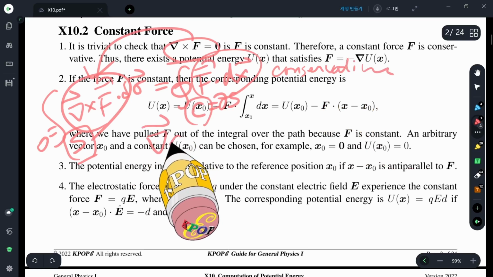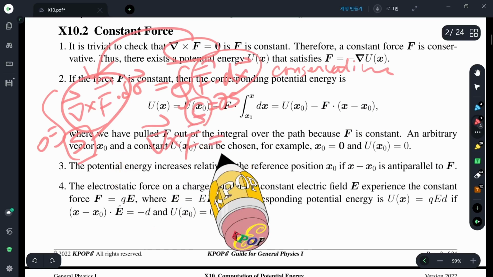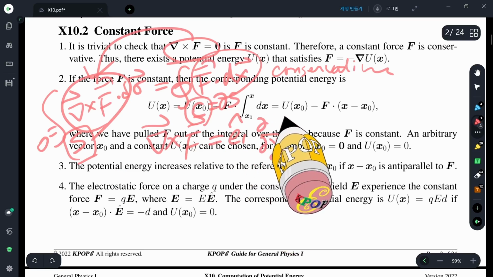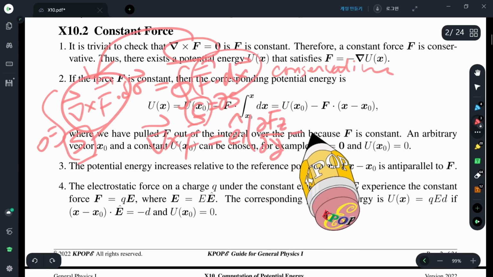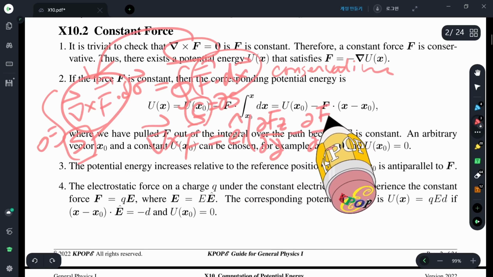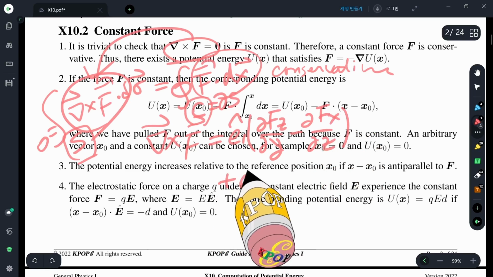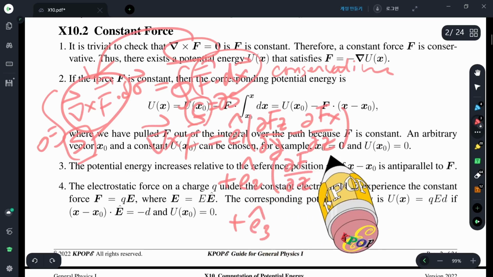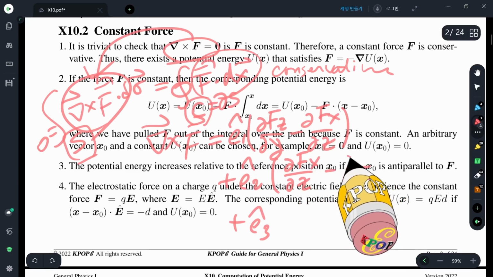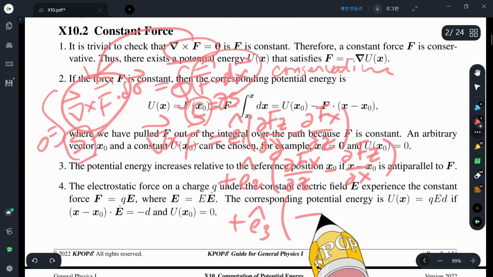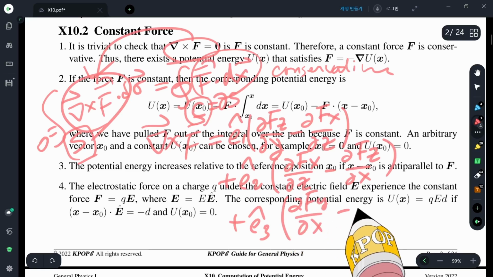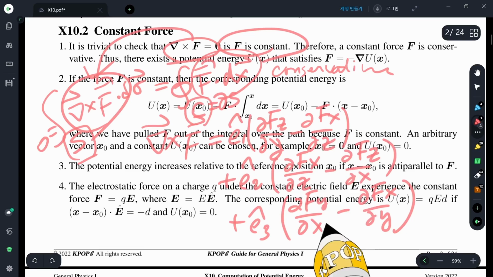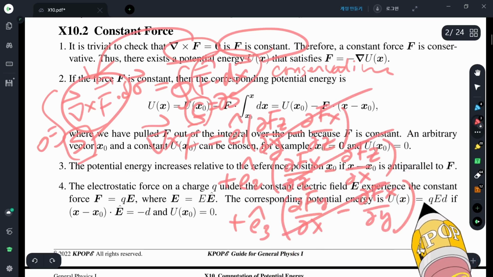If the force is constant, every derivative vanishes, so the curl is zero.